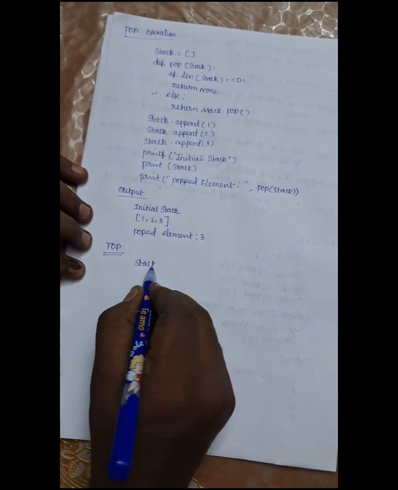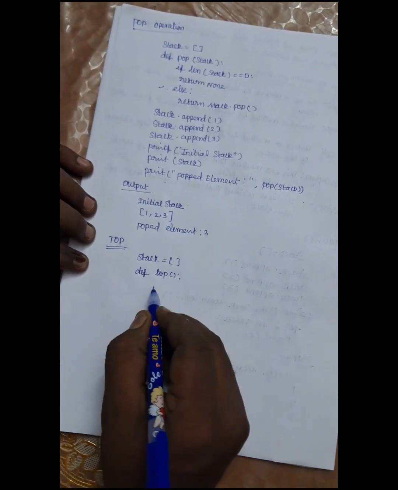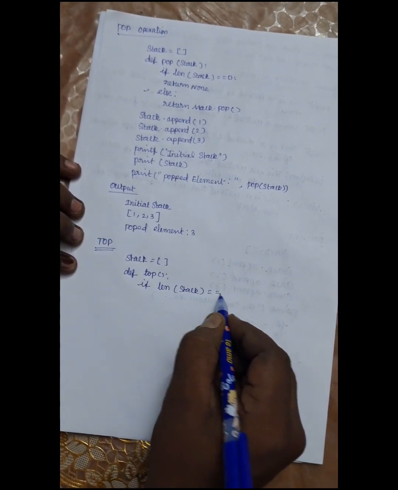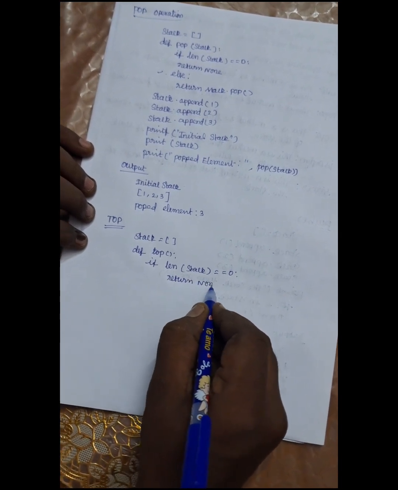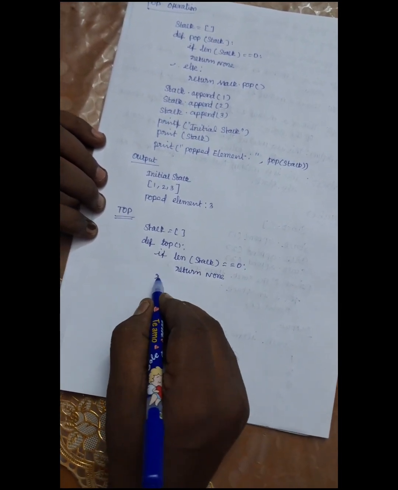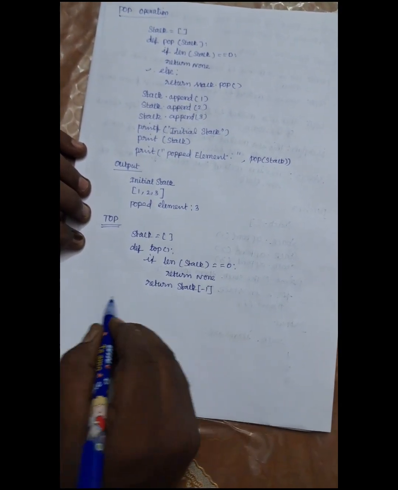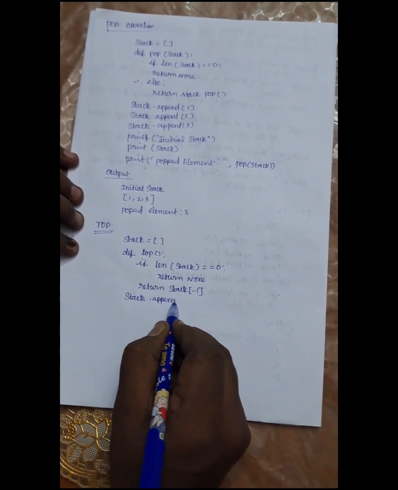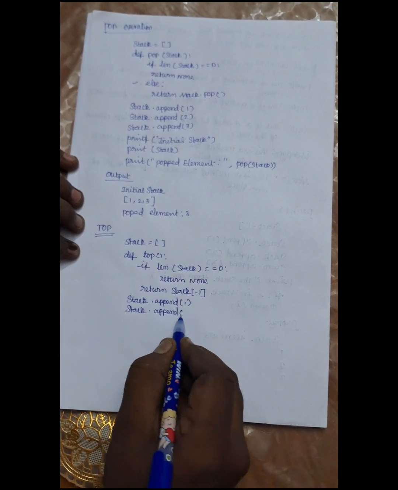Next, top. I'm going to make one empty stack and define the method top. If the length of the stack equals 0, the stack is empty, so return true. Otherwise, the index value starts at 0, so return stack[n minus 1].